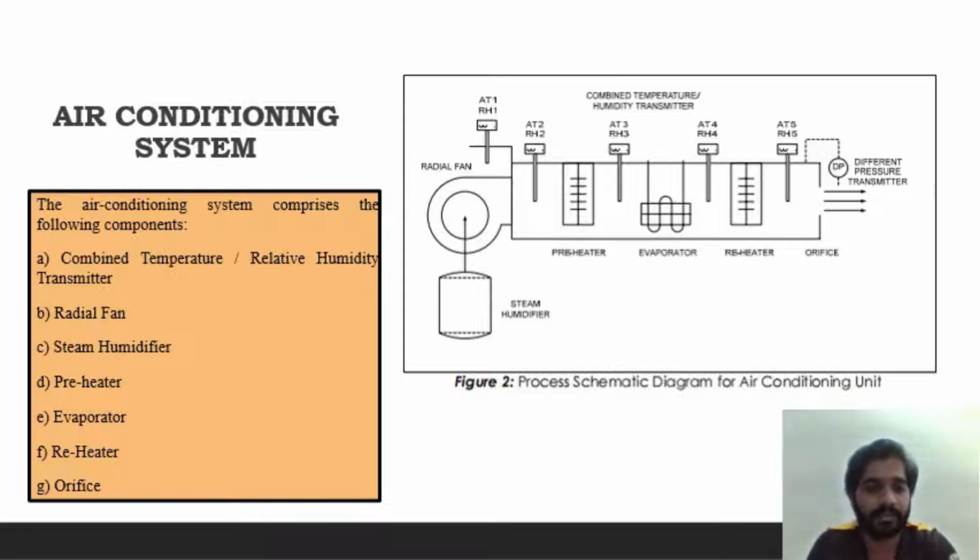To review the components, the first is the combined temperature and relative humidity transmitter, a measuring probe consisting of a temperature sensor and a relative humidity sensor. The next part is the radial fan, which acts as an air volume flow that can be varied with the aid of a speed adjuster.